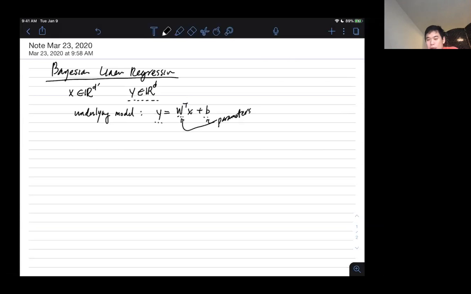Of course, the usual way to solve this problem would be for us to define a loss function or cost function that is going to tell us whether the output from our machine, that is W transpose x plus b, is similar to the ground truth output.